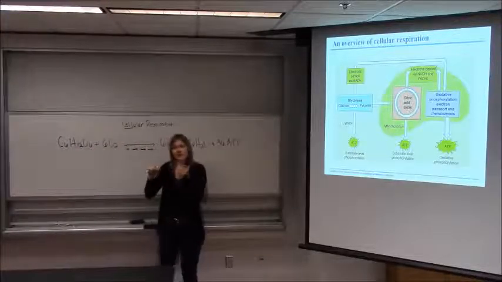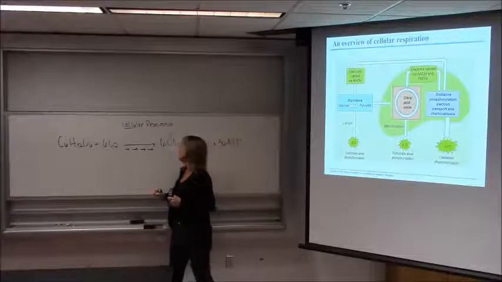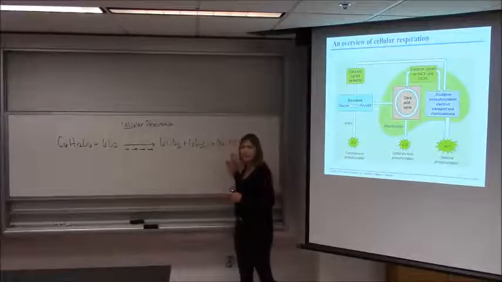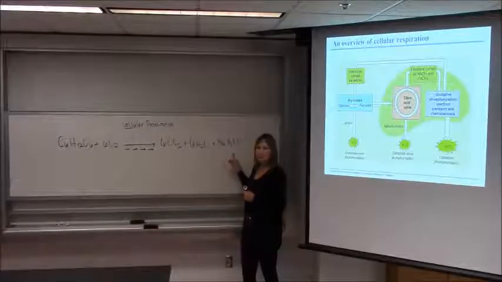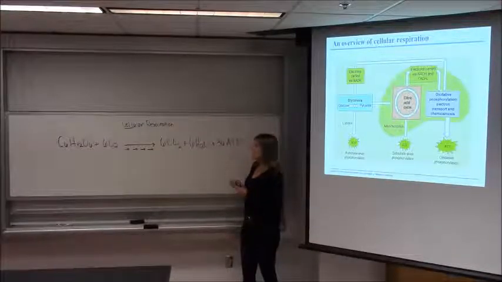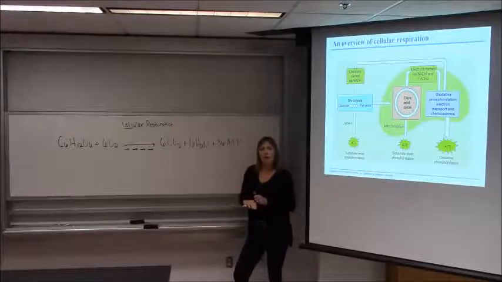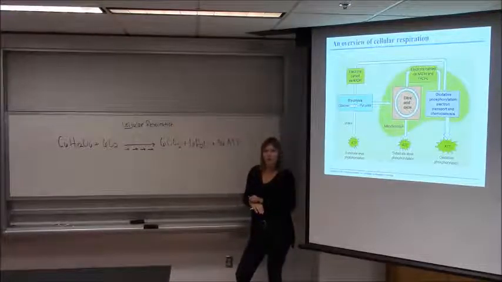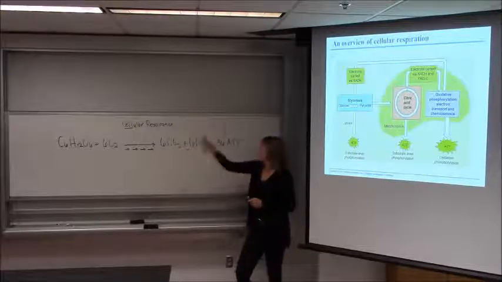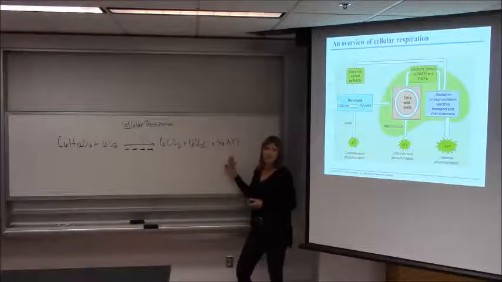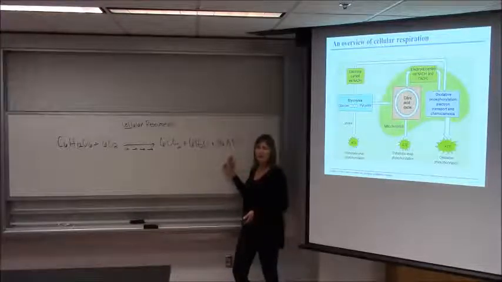We need to release this energy a little bit at a time and then package it as ATP to use anytime, any place. This is a great plan because it's not like fueling up your car where you have to have a constant supply of fuel in order to produce energy. In this case, we can consume some fuel and then we can package it as this energy currency that we can use anytime, any place in the cell.